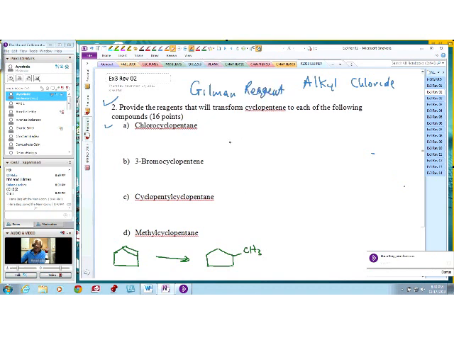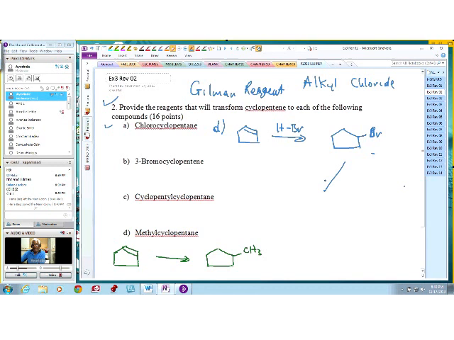This is for D. We could take this and react with HBr, or we could react with hydrogen chloride. Let us use hydrogen bromide, and then you get the bromocyclopentane, and then you simply use an appropriate Gilman reagent.